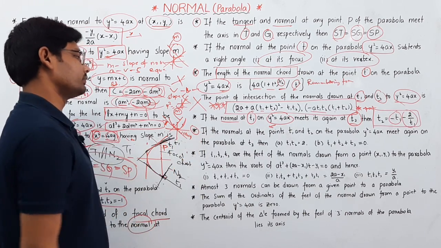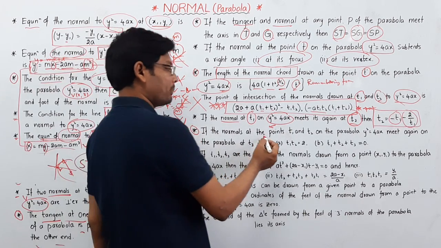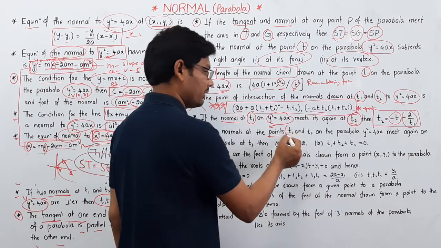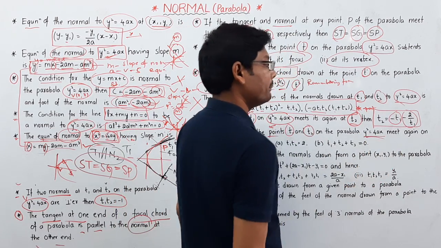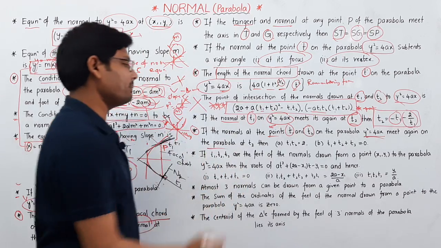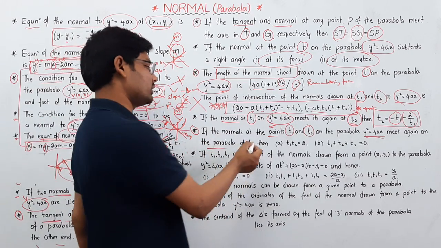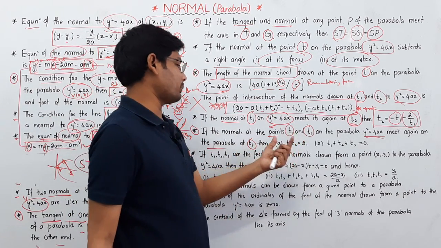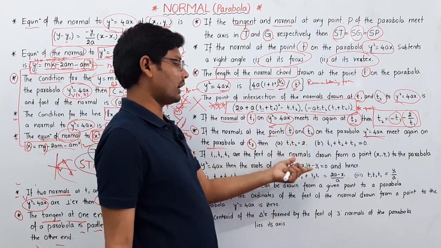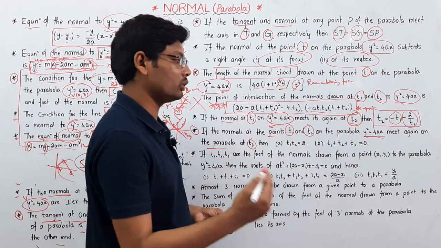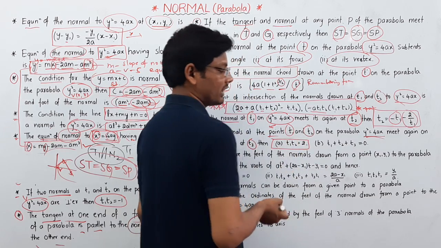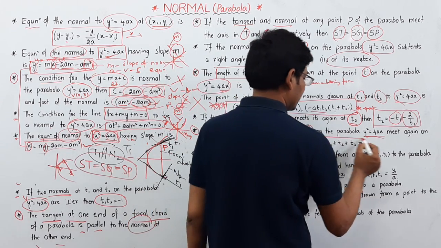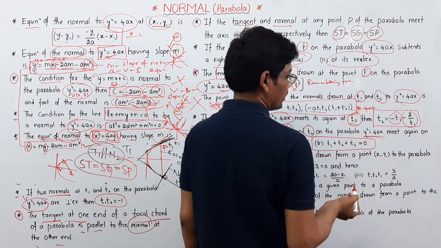And the next one, if the normals at the points t1 and t2 on the parabola y square is equal to 4ax meet again on the same parabola at a third point, then two conditions are there. t1 into t2 is equal to something, this is one condition, and the sum of the three t's is equal to 0.